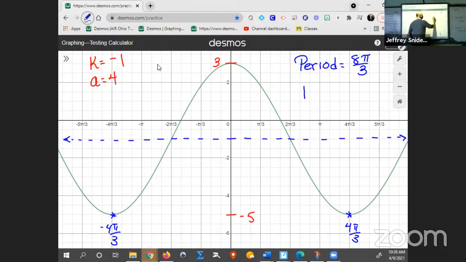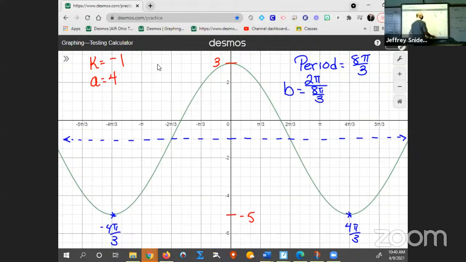Now I can find B. B is 2π divided by 8π/3. Ew, Mr. Schneider! How in the world am I going to do that? How in the world am I going to do this?